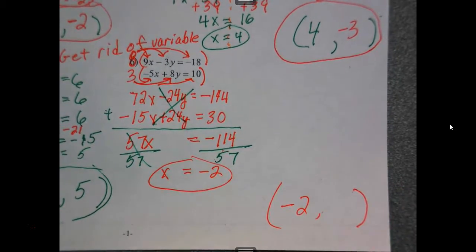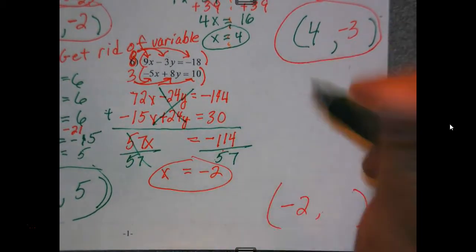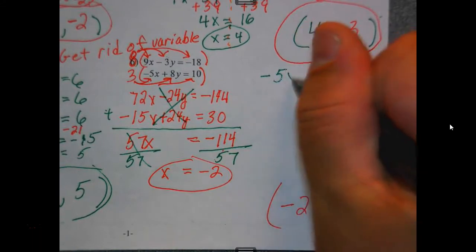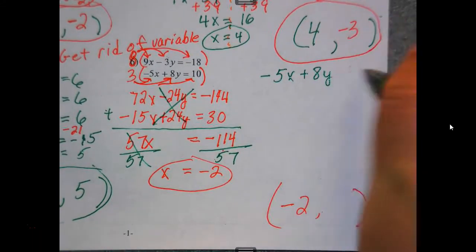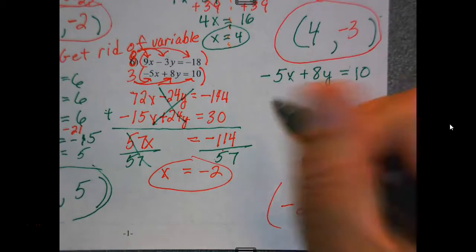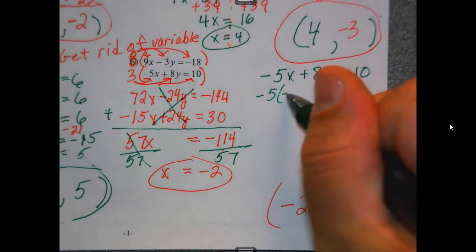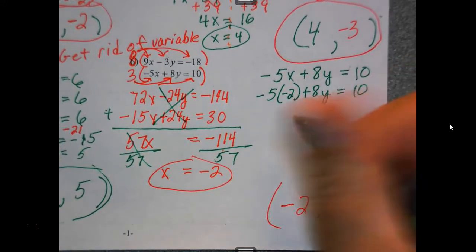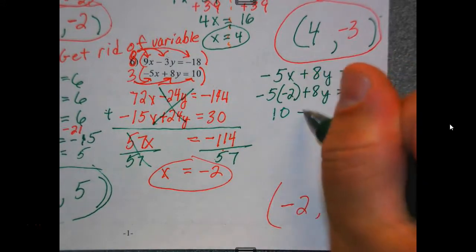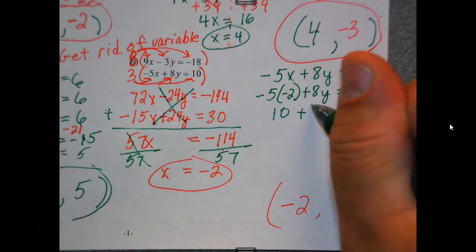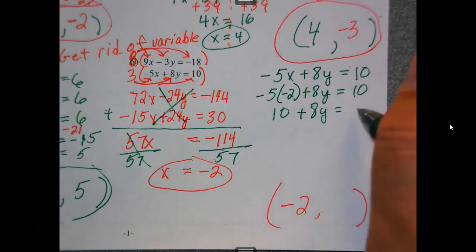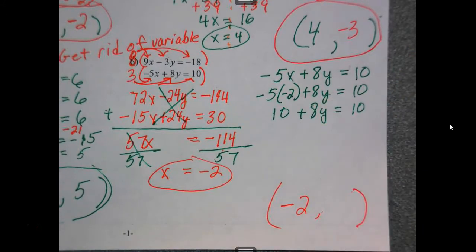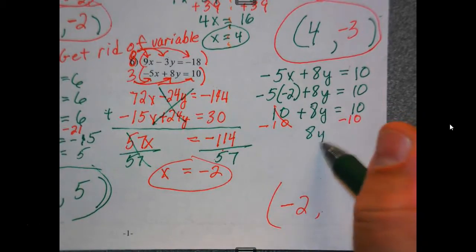Okay, pick an equation. I'll pick the bottom. My x is negative 2. Negative 5 times negative 2 is 10. Subtract 10 from both sides. So you get 8y equals 0.